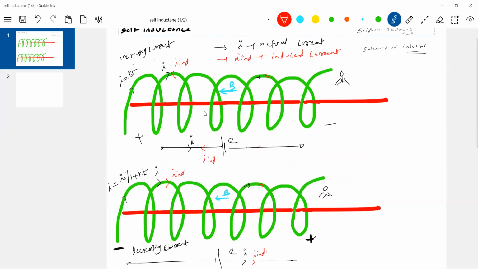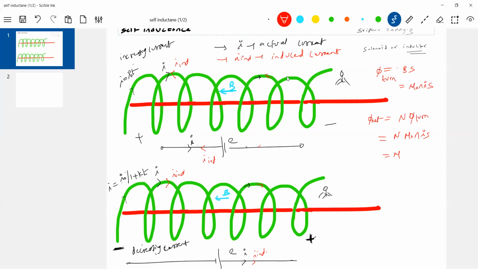Now, what is the flux linking? This is like a solenoid. Flux linking each turn is equal to B into S, which is equal to mu naught n i into S. So the total flux linking the solenoid should be N into the flux linking each turn, so N into mu naught n i S. What is n?